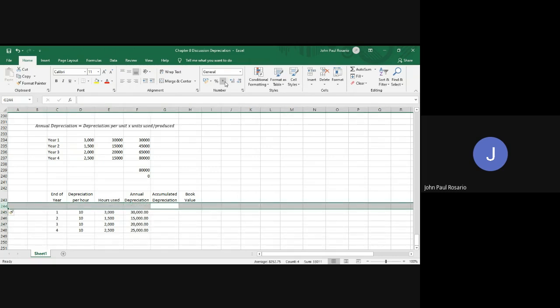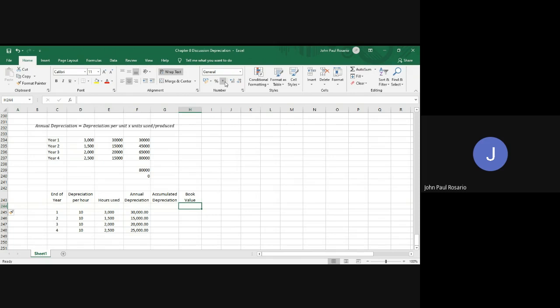Oh, I forgot to add 95,000 again. Our accumulated depreciation is the accumulated depreciation balance from the previous year, but since this is year 1, there is none. Add that to the depreciation for this year, and so on and so forth. Our book value is the cost less our accumulated depreciation.